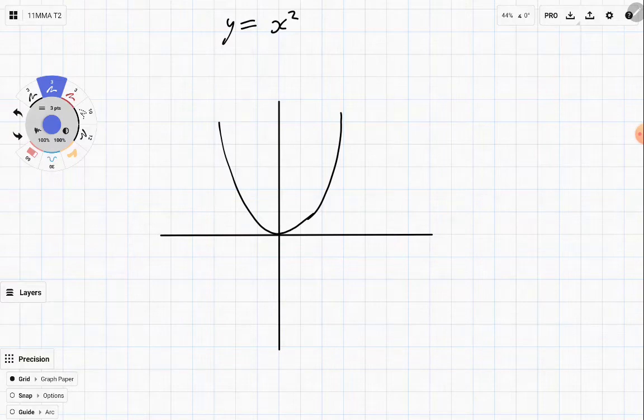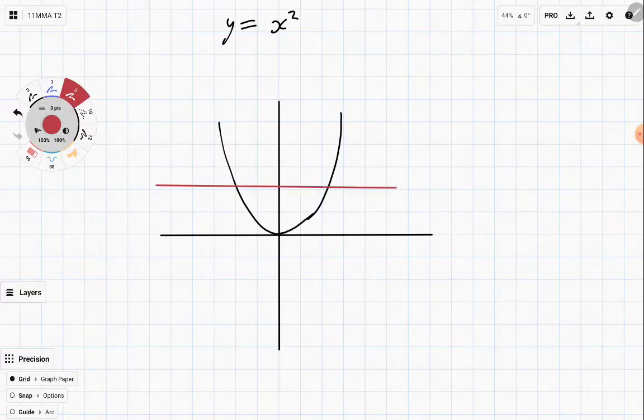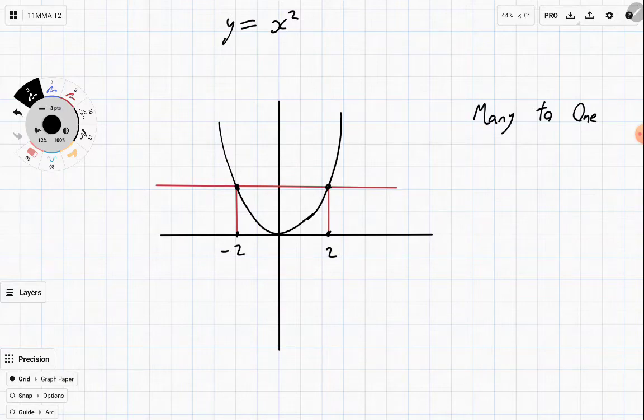For example, here and here, right? Let's do something called the horizontal line test, where we can see here that there's multiple inputs that are giving us the same output. We call this relationship many to one, okay? Meaning that there are multiple inputs that give us the exact same output. Doesn't matter whether we put in 2 or -2, we get the same output of 4.